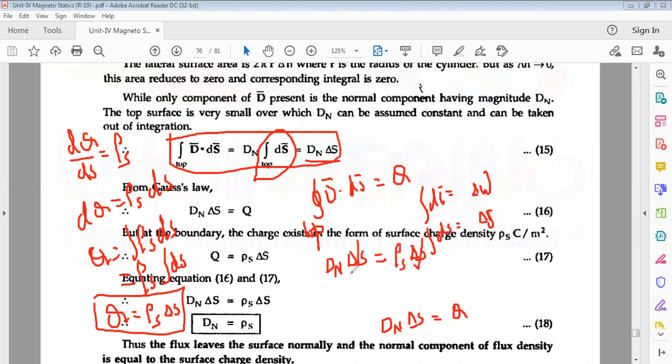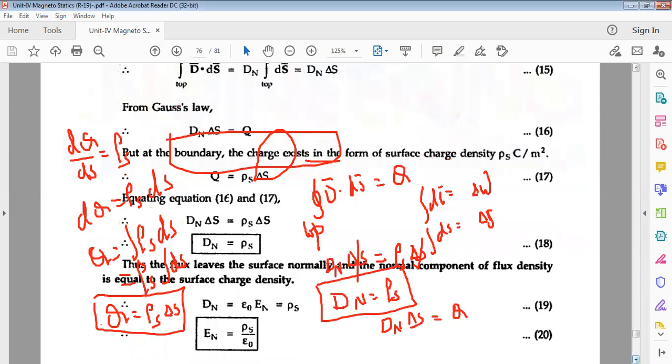So delta S gets cancelled. Dn is equal to rho s. Thus, the flux leaves the surface normally, and the normal component of flux density is equal to the surface charge density rho s.